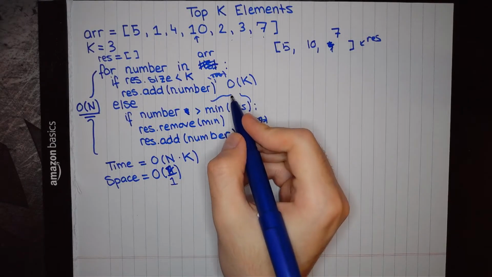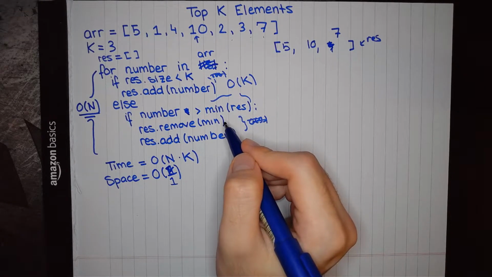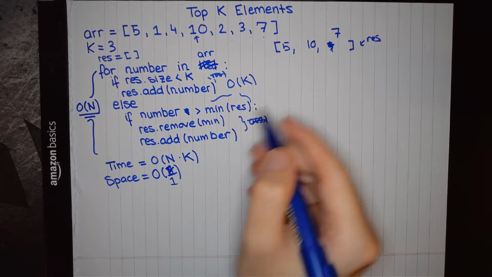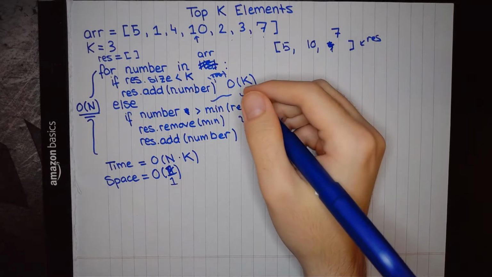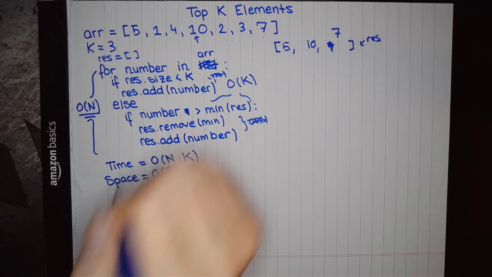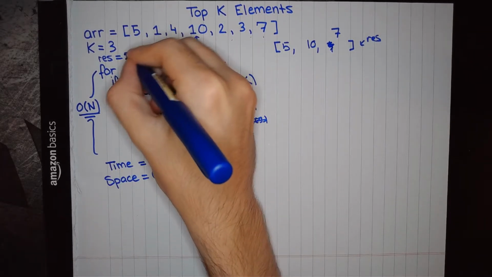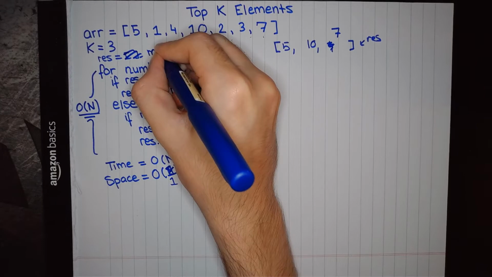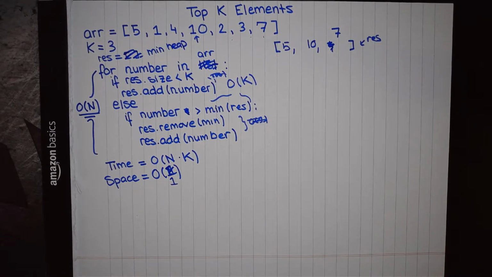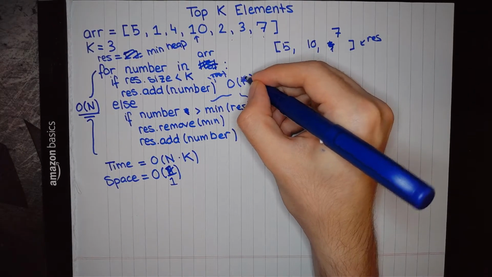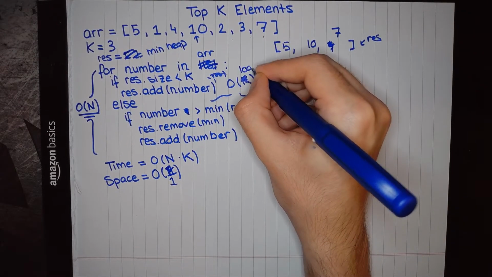So now the question becomes, how can I find the minimum in better than O of k time? And this is where the heap comes into play. If I have a min heap, let's say, what if result, instead of being a list, we make this a min heap? Then this becomes O of log k.